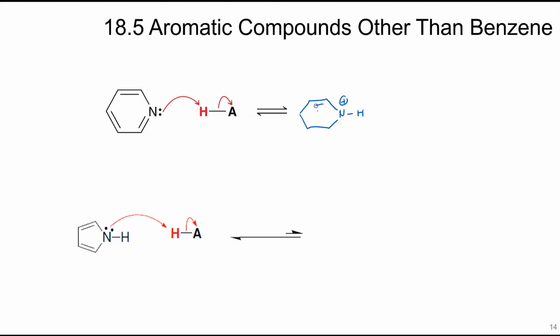So if it picked up a proton, this pKa is around 5.2. This compound is still aromatic. With pyrrole, if we grab a hydrogen, this electron pair is needed in order for that compound to be aromatic.